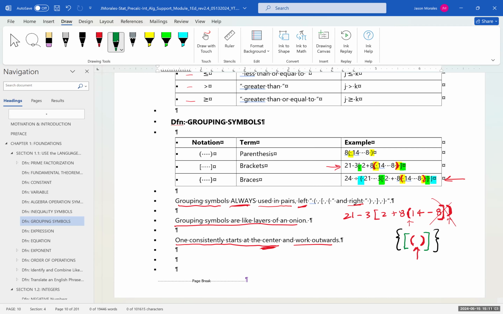And then you've got the numbers and the mathematical operations within the brackets here. So we've got our brackets here and here.